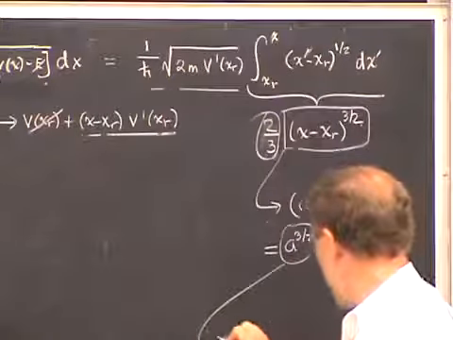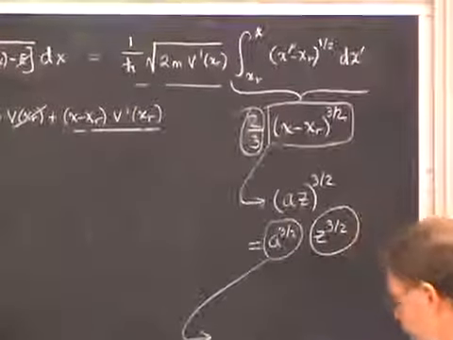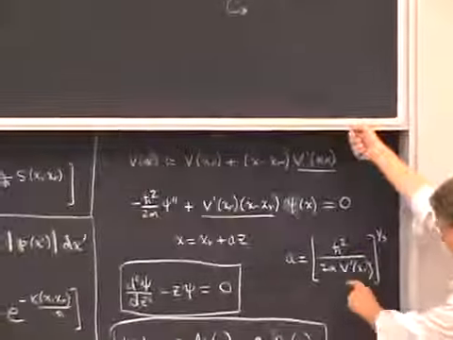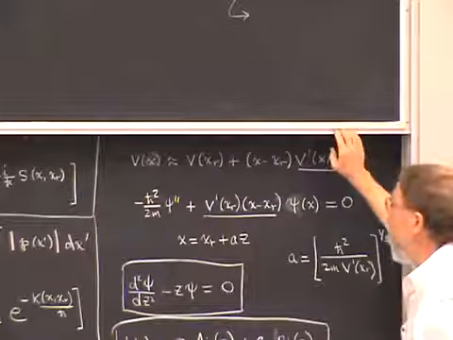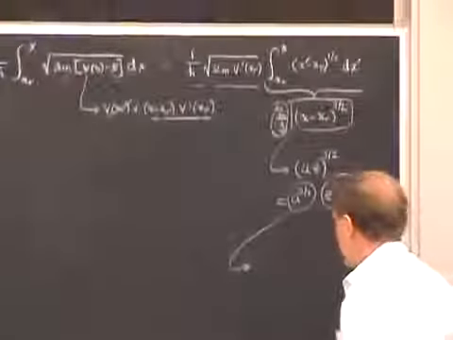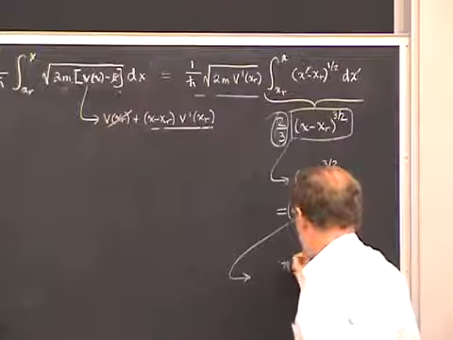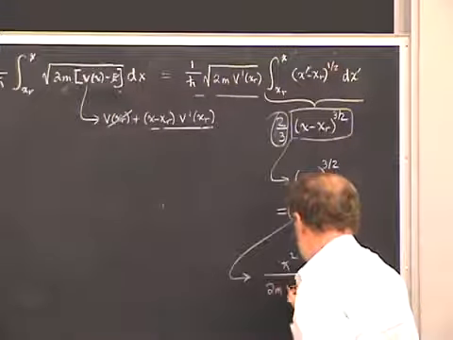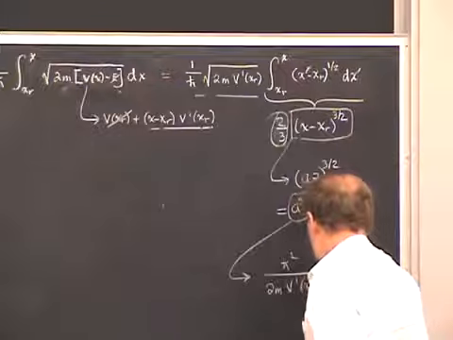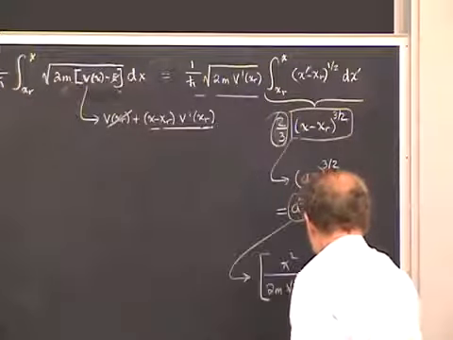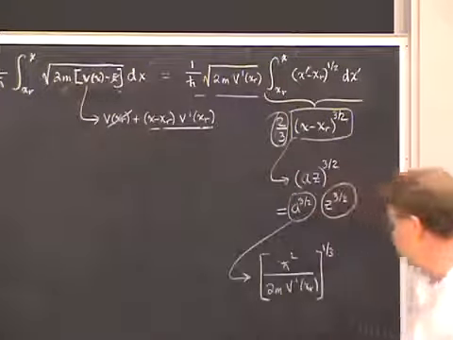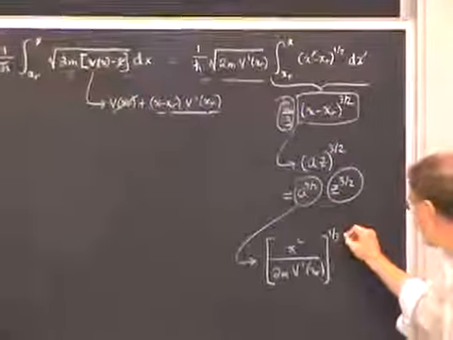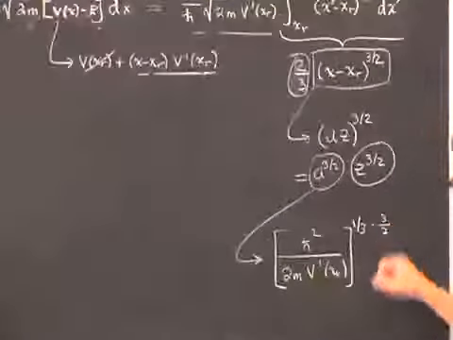Well, if you go back to the definition of a, which is buried in the board here, it is (h bar squared over 2m V prime of xr), that whole thing to the 1/3 power. That's the a, but we need to raise that to the 3/2 power.